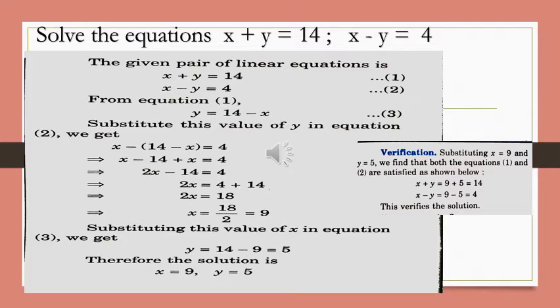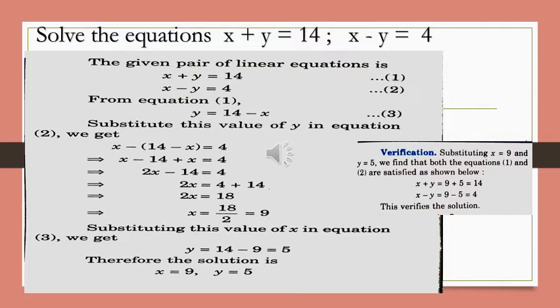Shift x to the right hand side and it becomes minus. Now we will use equation 2. This equation 3, y equals 14 minus x, we will substitute in equation 2 in place of y.